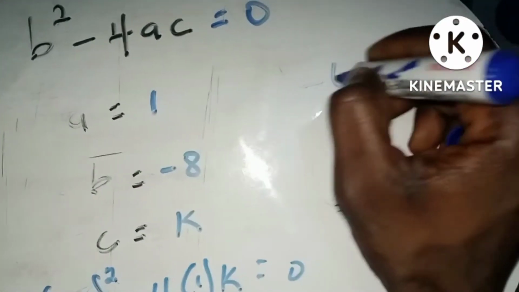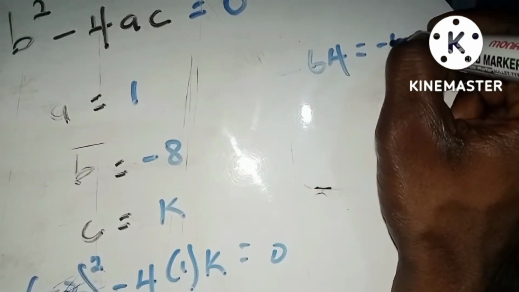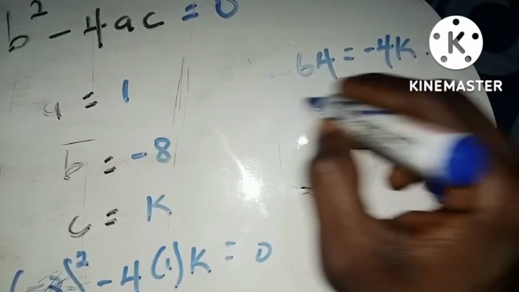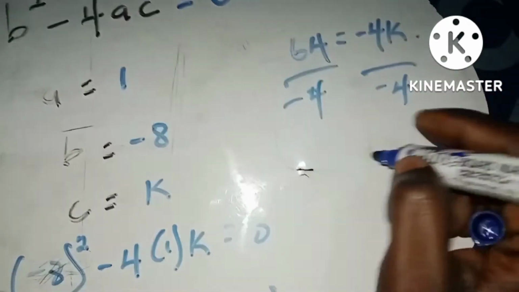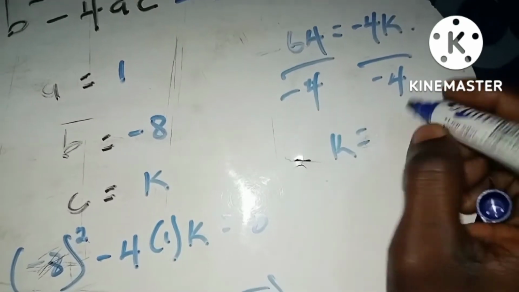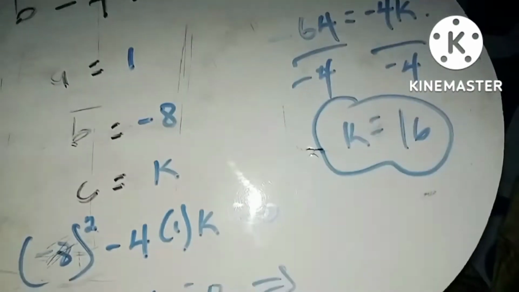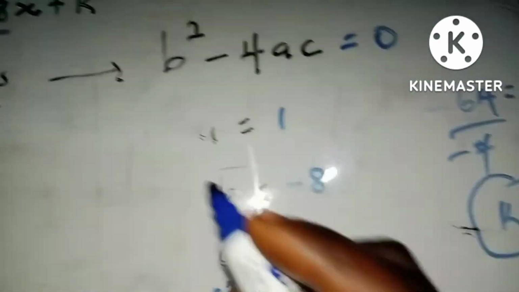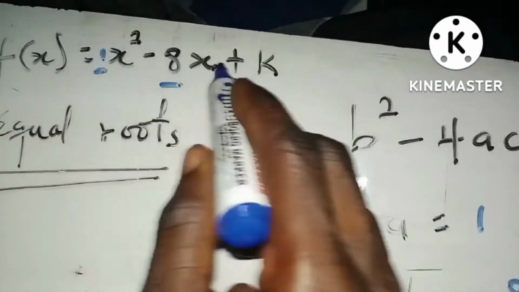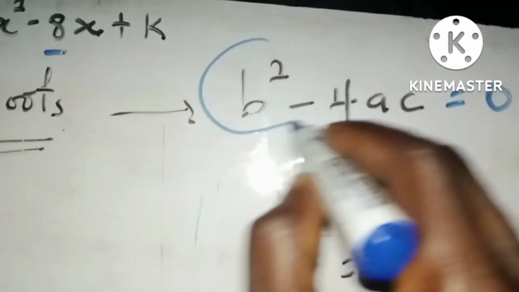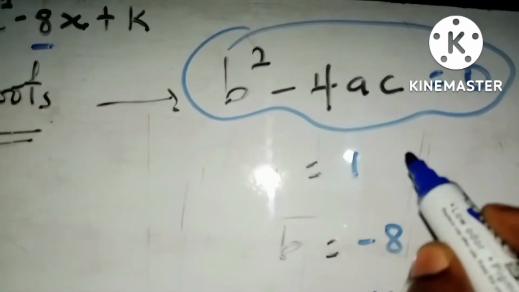So you have negative 64 equal to negative 4k, right? Divide both sides by negative 4, then you should have k equal to 16, right? So the value of k is equal to 16. The only key here is that you must understand that if a quadratic has equal roots, this is what it means. Once you have this k, you are free to go, right?